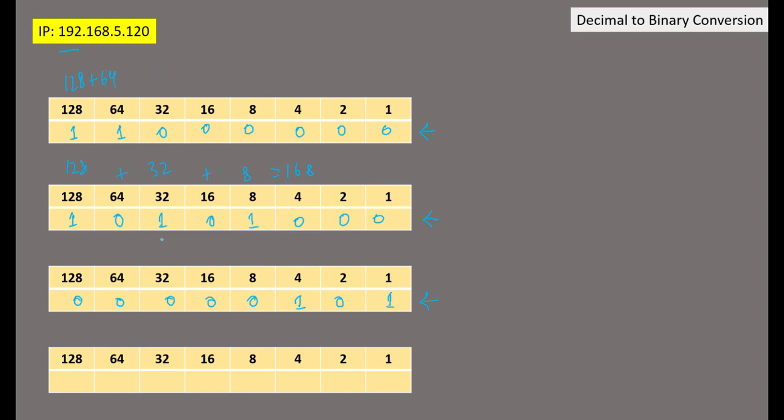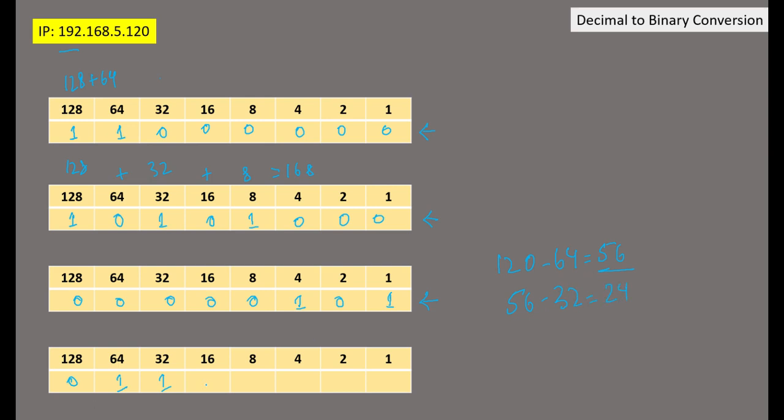And 120. Okay, is 120 greater than 128? No. So let's turn this off. Is 120 greater than 64? Yes. Let's turn this on, and let's say 120 minus 64 is equal to 56. Is 56 greater than 32? Yes, I will turn this on, and now I will say 56 minus 32 is equal to 24.